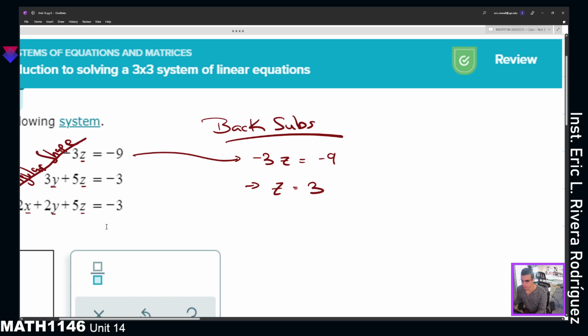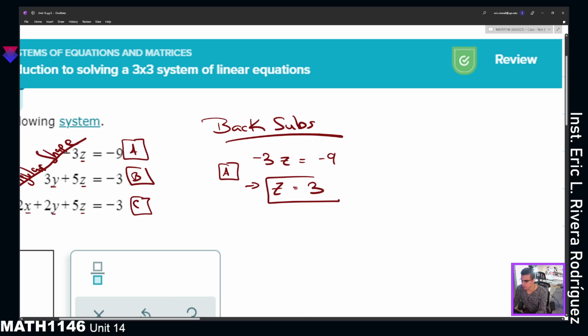Then we take the second equation. I think this is getting messy. So equation A, equation B, and equation C. Okay, so we start with equation A, and from equation A we got the value for the unknown variable z.